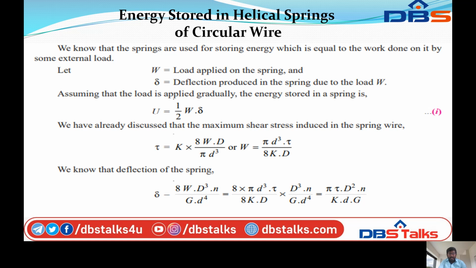Substituting W into this equation, delta = 8 × (pi × d cube × tau / (8 K D)) × D cube × N / (G × d power 4).